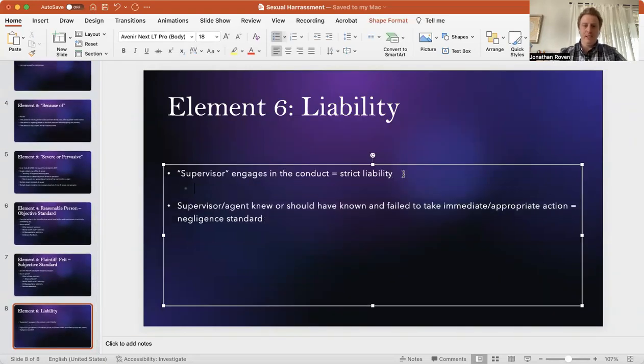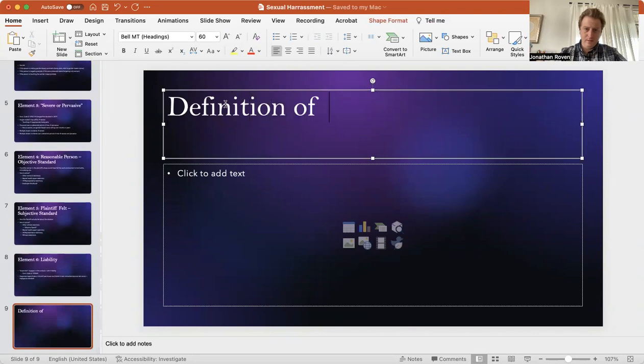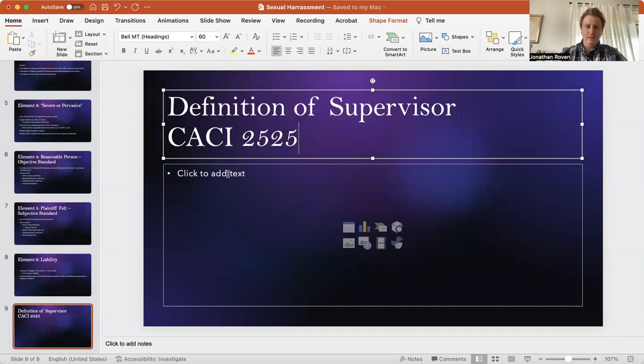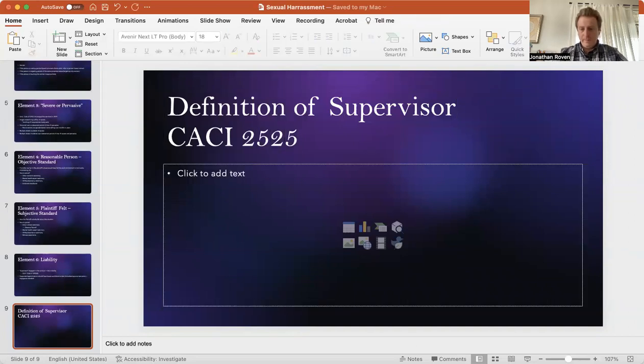Okay, so what is a supervisor? That is defined in Government Code 12926, subsection T, and it generally means, because it's done so often, I actually know these by heart. I'm going to screenshot for you the actual definition from the code.